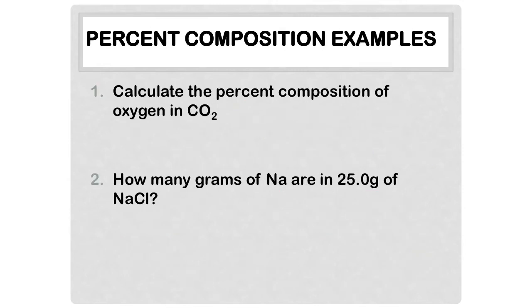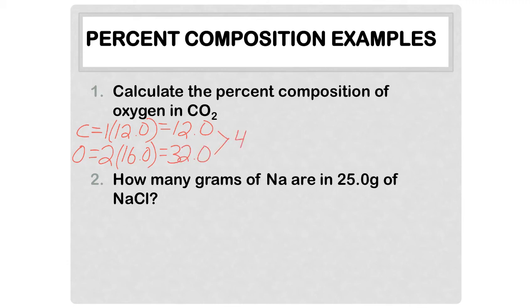So now we have 2 more examples. First example, we are looking for the percentage of oxygen in carbon dioxide. So first thing we do is figure out the gram formula mass of carbon dioxide. Carbon has a mass of 12. Oxygen, we got 2 of those. Each one has a mass of 16. So that would give us 32, for a grand total of 44 as the gram formula mass.